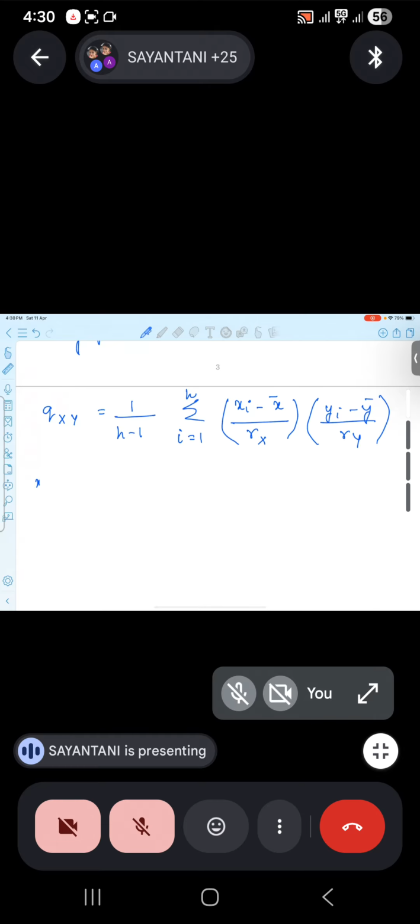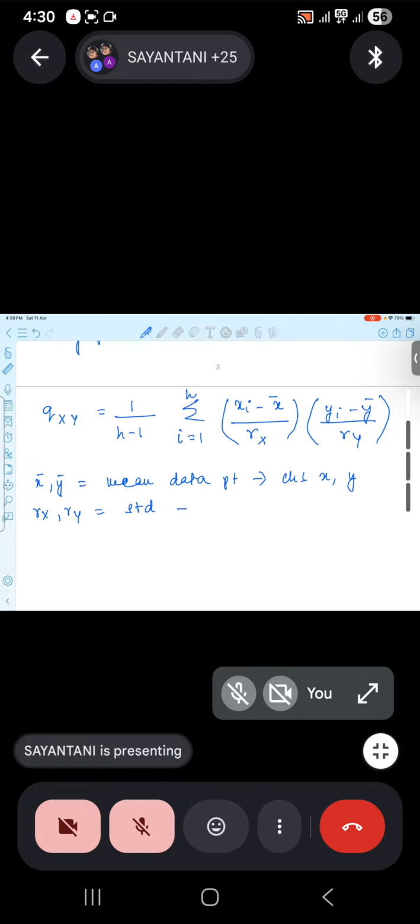Over here your X bar and Y bar are the mean data point values for the respective channels X and Y. Next, your Rx and Ry are your standard deviation values for channels X and Y. And H here represents the total number of data points.